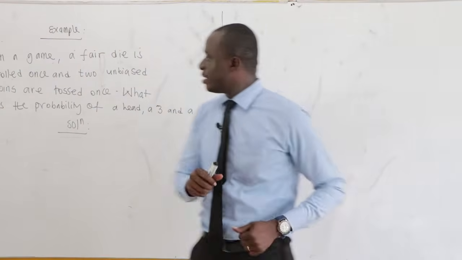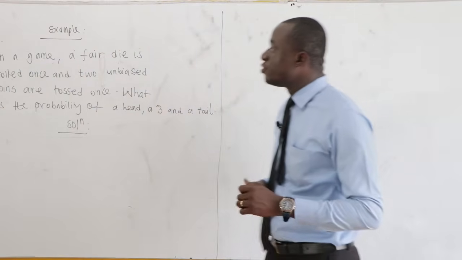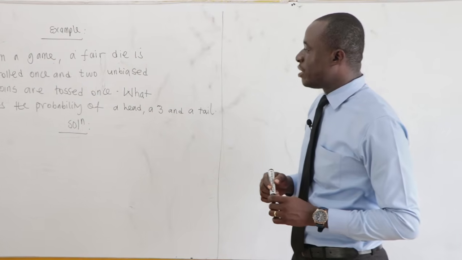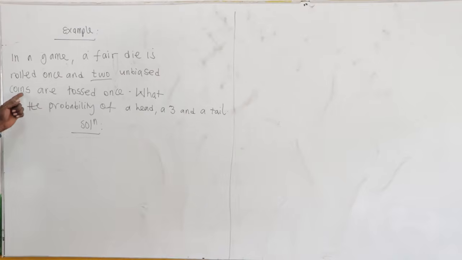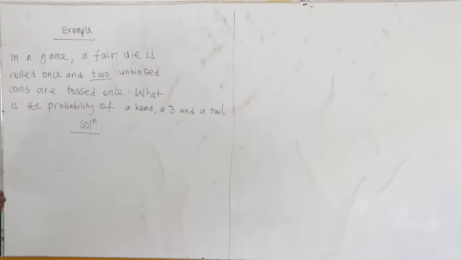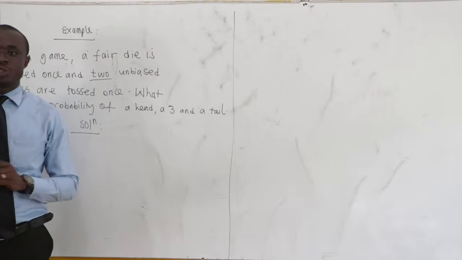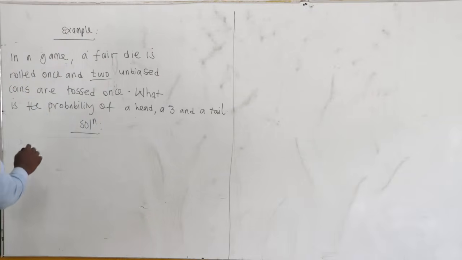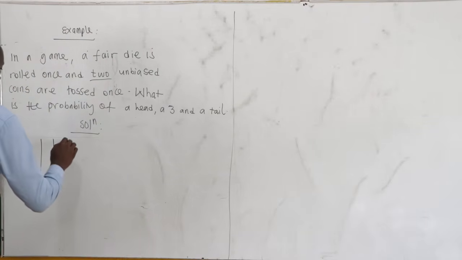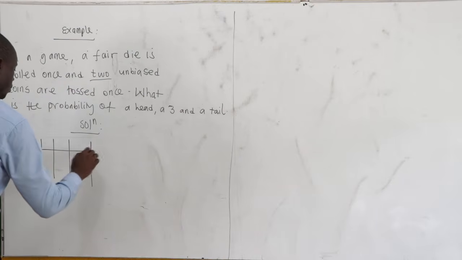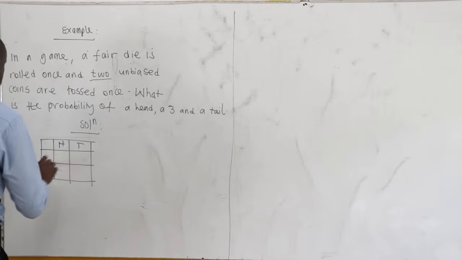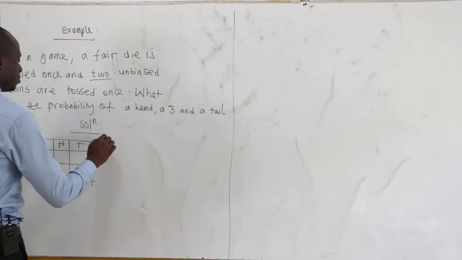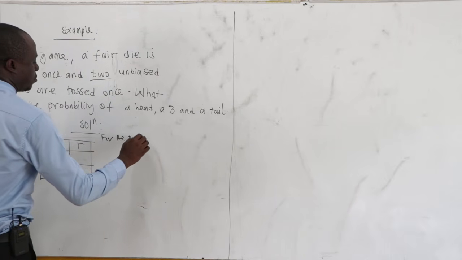Now let's consider this example. In a game, a fair die is rolled once and 2 unbiased coins are tossed once. Remember, it is 2 unbiased coins tossed once. So the sample space for the coins: head and tail, for the 2 coins.